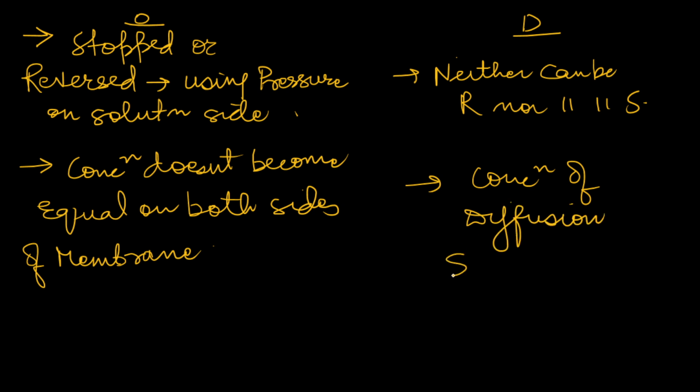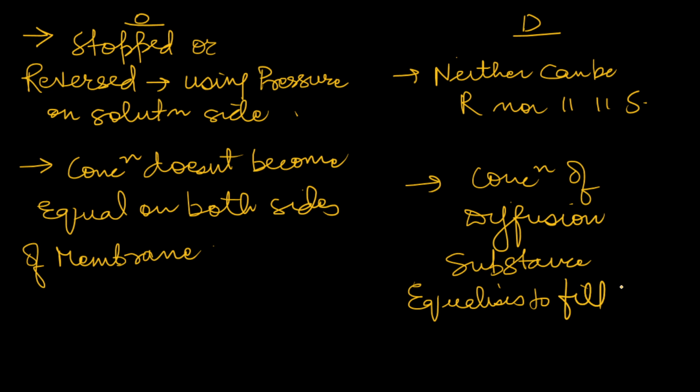So these were some of the basic points of difference between osmosis and diffusion, and I think these are very simple points. Nothing like rocket science to explain in much detail, and I hope you understand all the points.